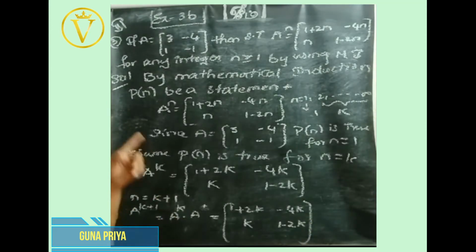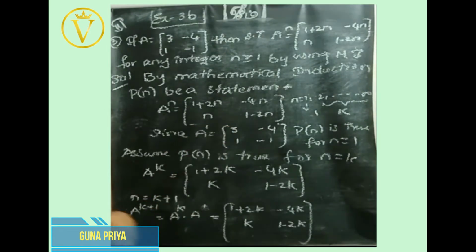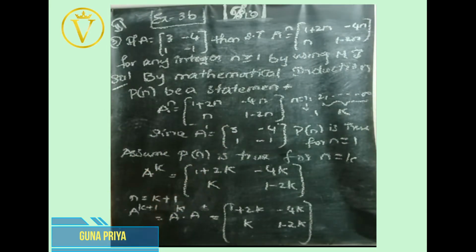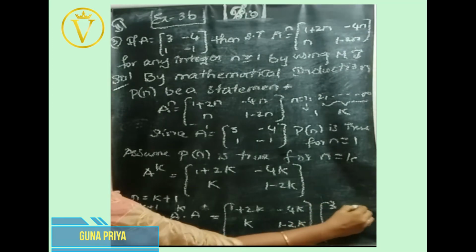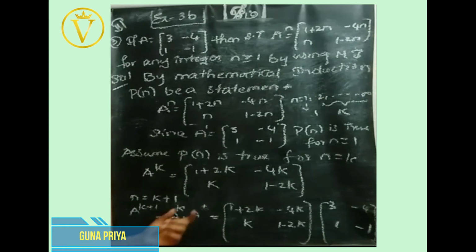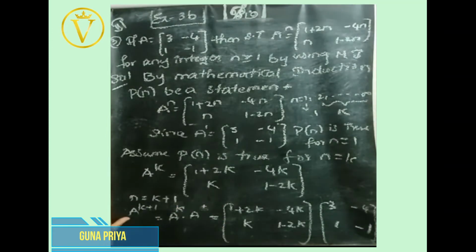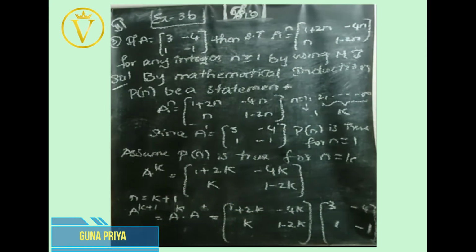Now A power 1 can also be written as A, which is 3, minus 4, 1, minus 1. Now we have to find the A power k plus 1 value.